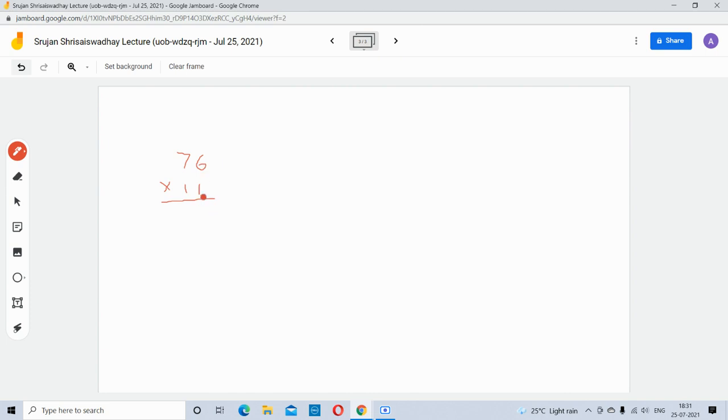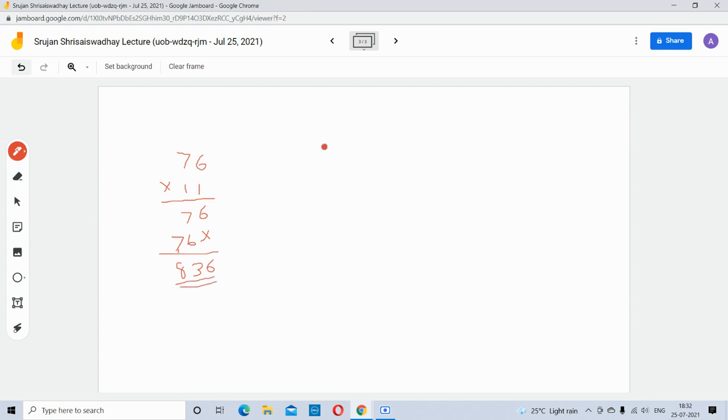How are we going to do it? We write 7 and 6 as they are, leaving a gap, then add 7 and 6 in the middle. So this is 6, this is 3 with the carry 1 added over here, and this is 8.